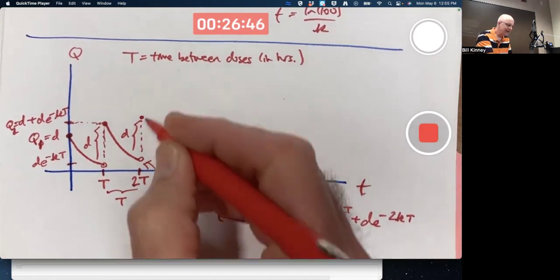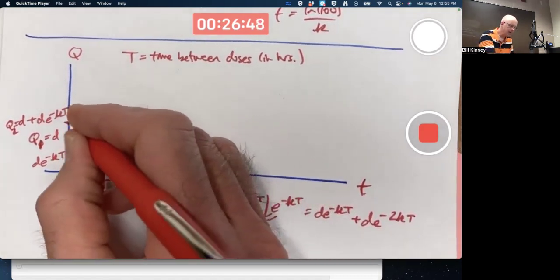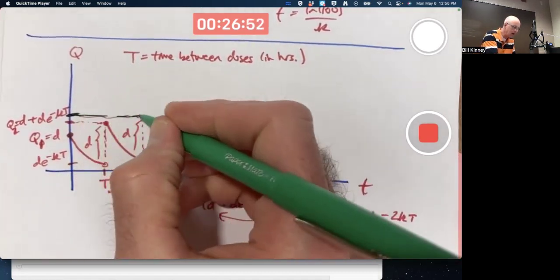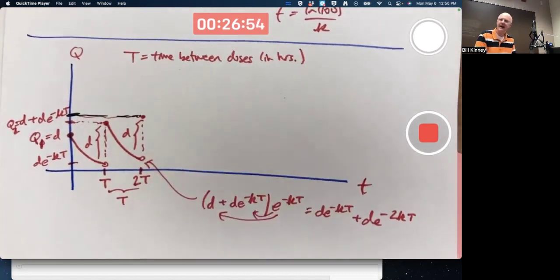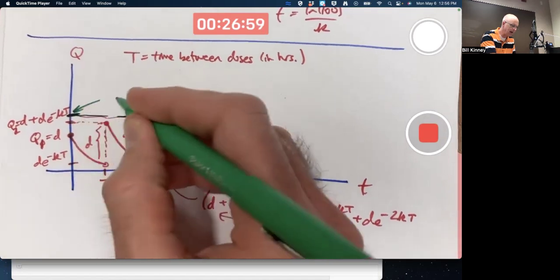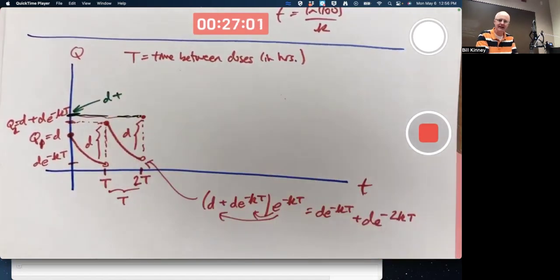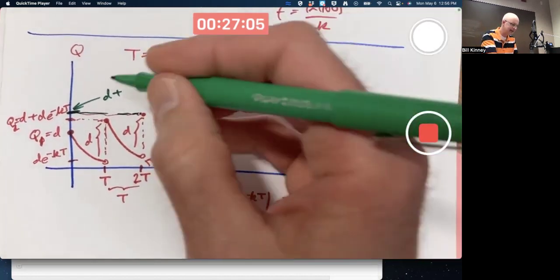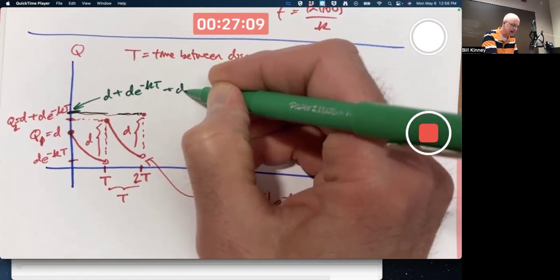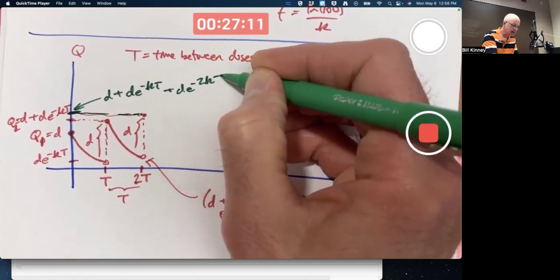And then to find this point right here, I've got to add D to that. That's the dosage amount. So the second coordinate of that point is D plus D e to the negative KT plus D e to the negative 2KT.